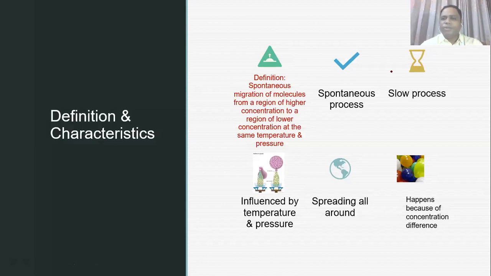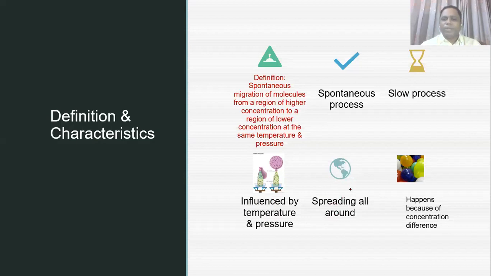Diffusion is a slow process, and it can be influenced by temperature and pressure change, because if we increase the temperature, then molecular motion increases and the rate of diffusion increases. And diffusion means spreading out of molecules all around.